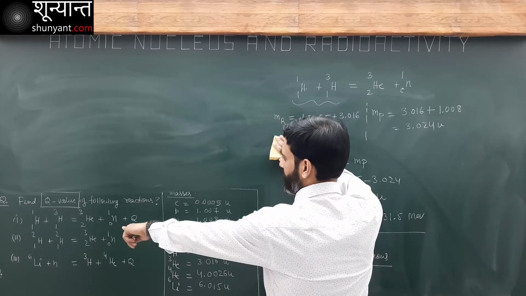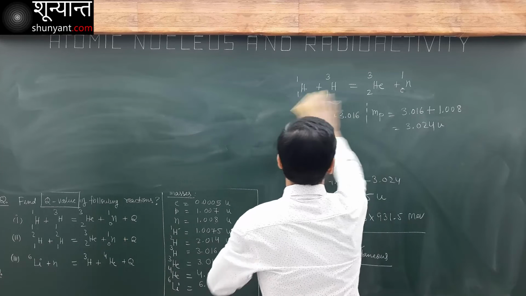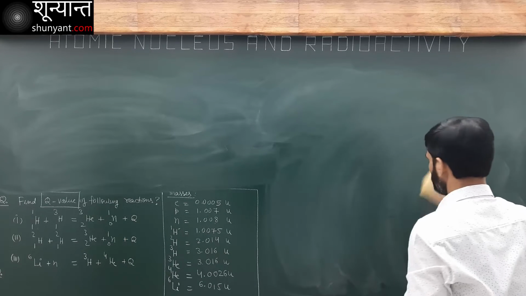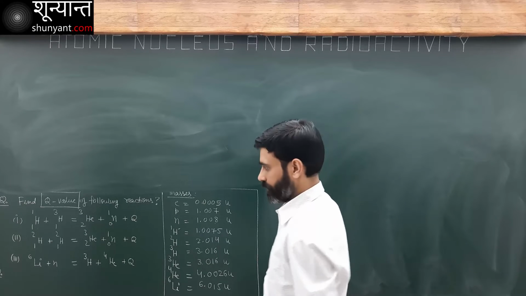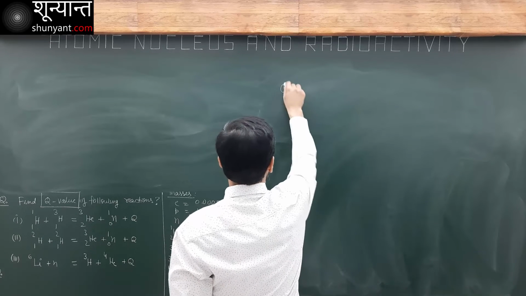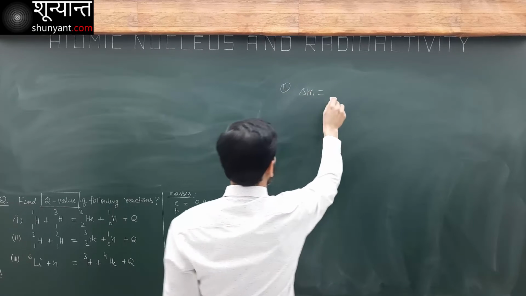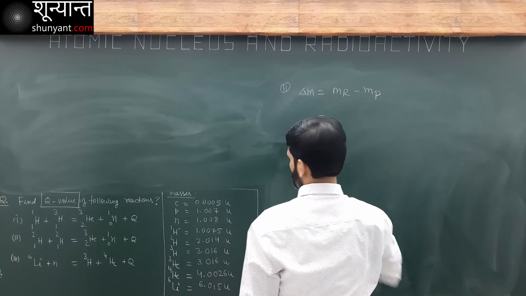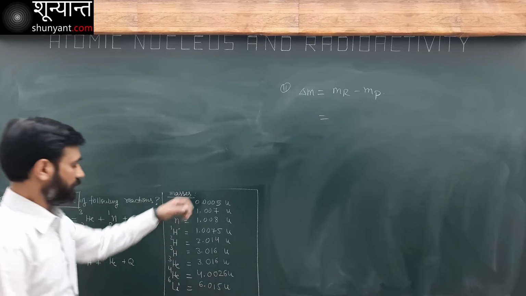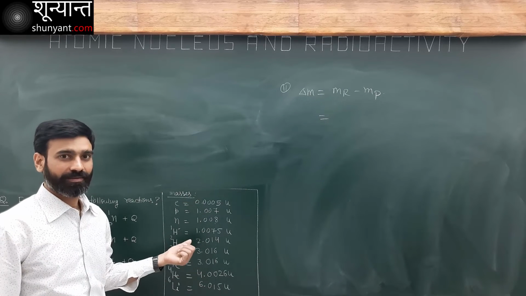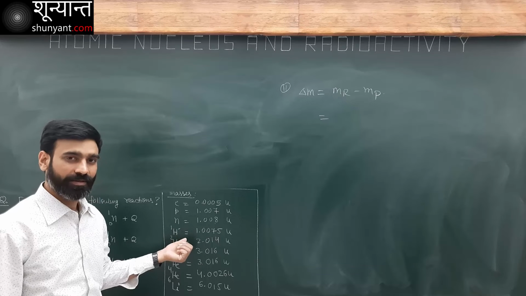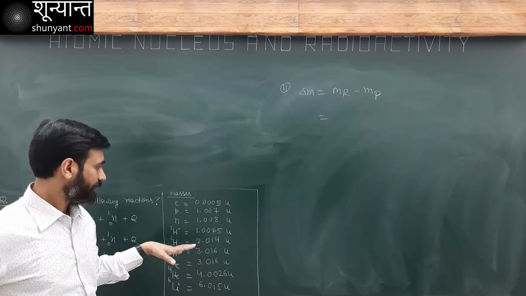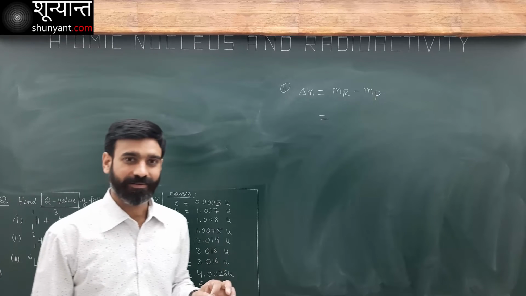Now the second one. What is delta M? Mass of reactant minus mass of product. Are these masses for the nucleus or for the atom? Generally we are not really bothered.